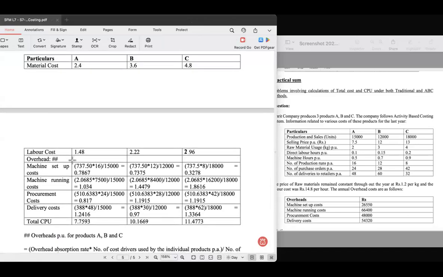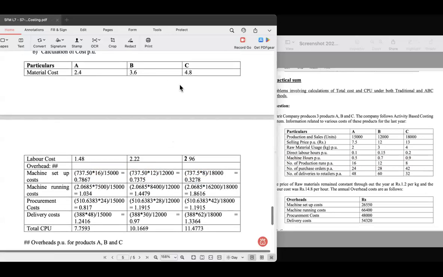Right, let's see. So here, machine setup cost, OAR is 737.5 for all 3 units. But what is changing is the number of production runs, because for A it's 16, B it is 12, and C it is 8. Is it clear? I'll give you time to calculate the total. Next, let's look into machine running cost.